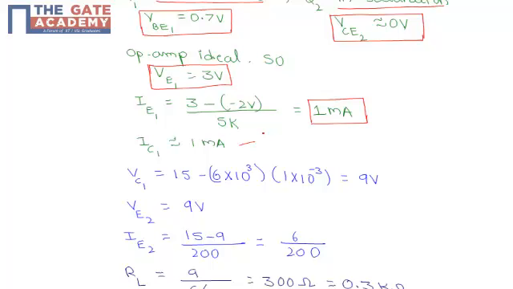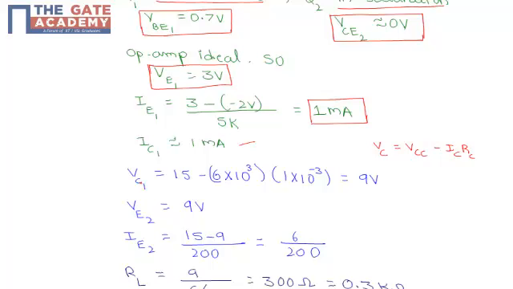Now calculate VC1, that is the collector voltage in transistor 1. We know the general formula for calculating collector voltage: VC is equal to VCC minus IC into RC. VCC is the supply voltage, IC is the collector current and RC is the collector resistance. So we are calculating for transistor 1.